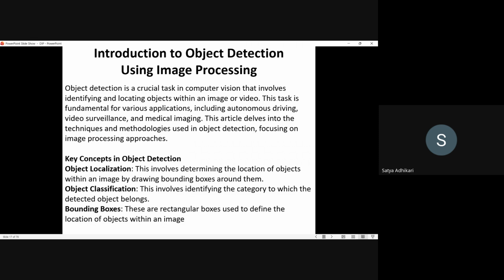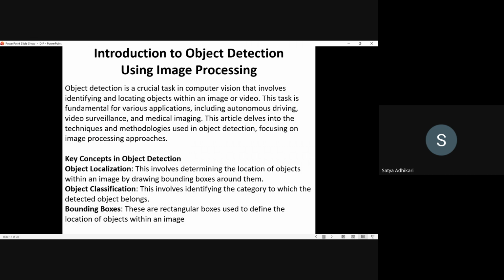This task is fundamental for various applications including autonomous driving, video surveillance, and medical imaging. This article delves into the techniques and methodologies of object detection, focusing on image processing approaches.